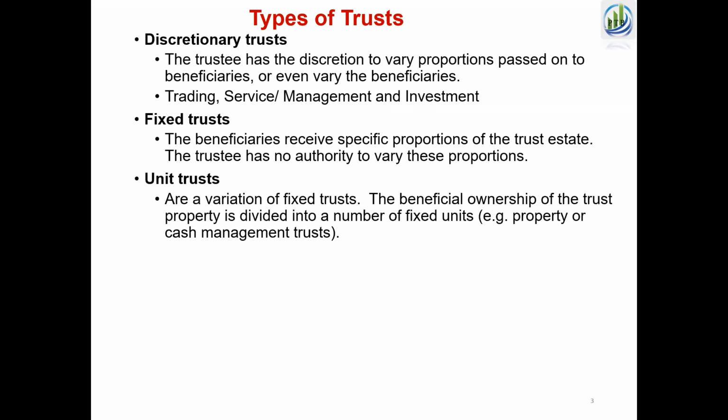But the benefit of the unit trust is that you can exchange units between your beneficiaries. For example, when one beneficiary doesn't want to keep this trust, they can sell it to another beneficiary. At the end of the financial year, based on how many units each beneficiary holds, the trustee is going to distribute the trust income to the beneficiaries.